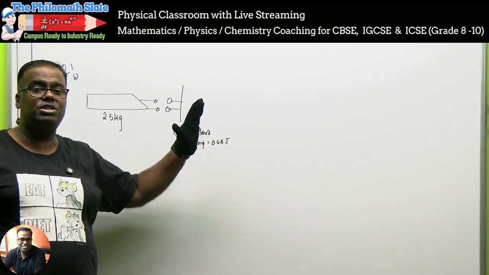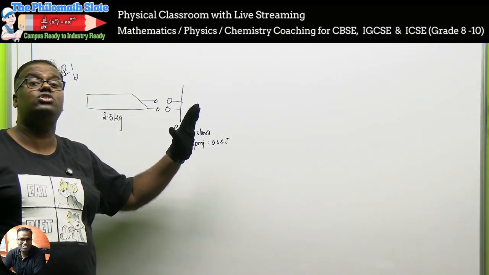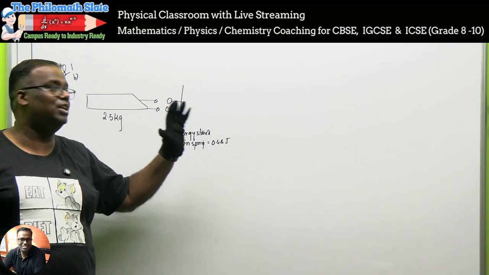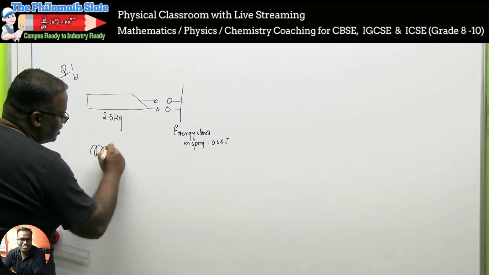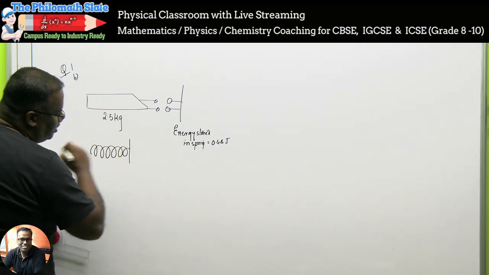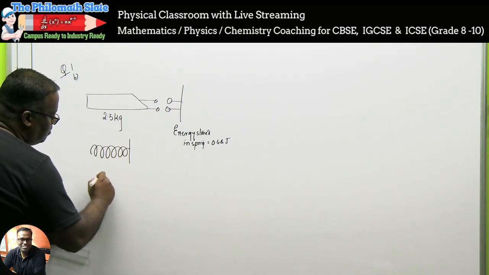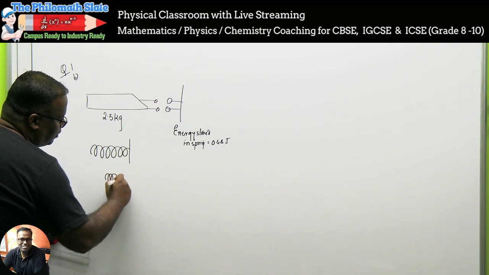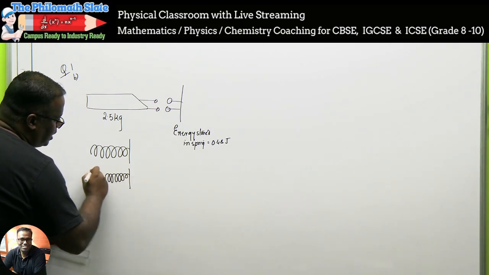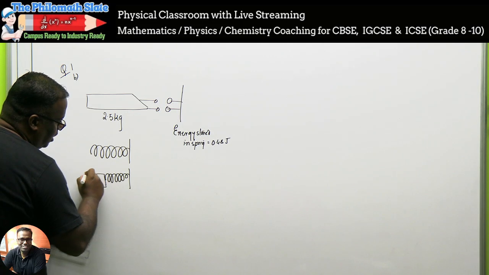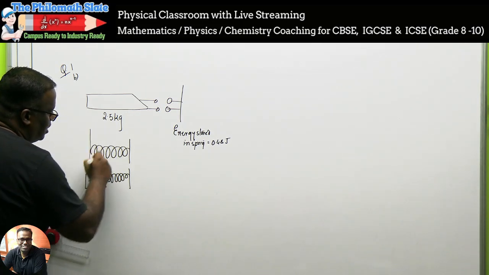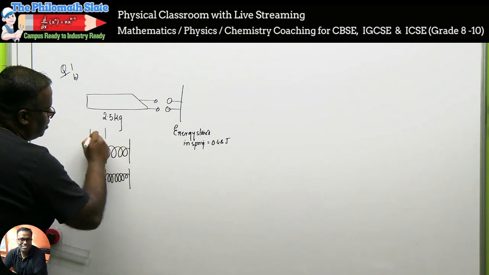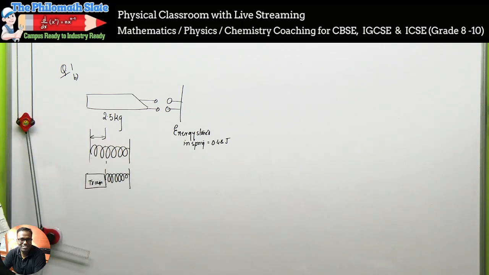Only when it compresses the buffer, you get what energy? Strain energy, elastic potential energy, because you have constrained it. What is the buffer like, son? The buffer is something like this. Then the train has come and compressed the buffer. Now the buffer has become like this, the train has come here. This is the train, right? So definitely some bit of compression must have happened. Agreed?